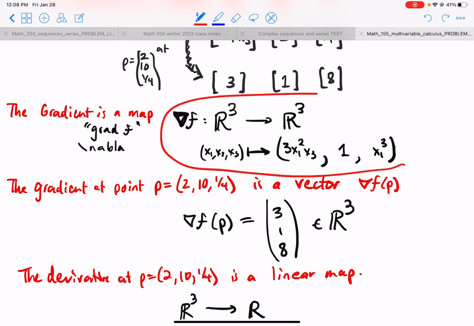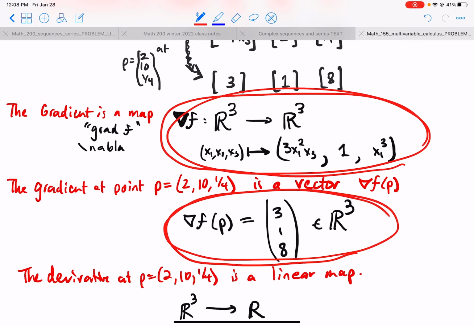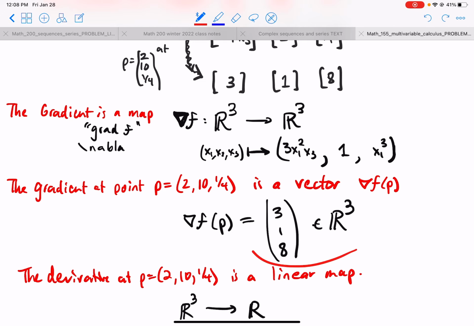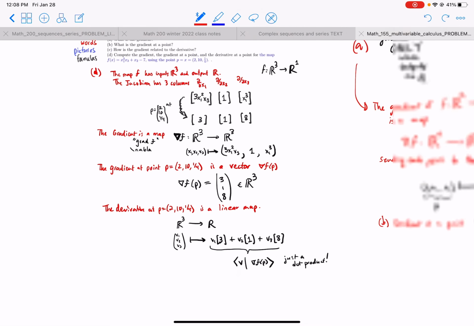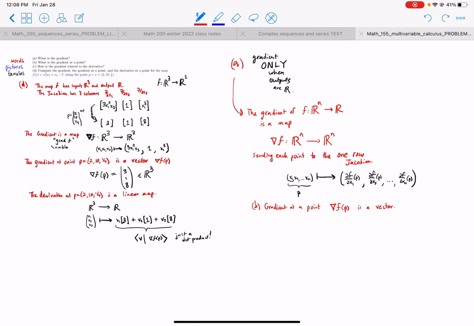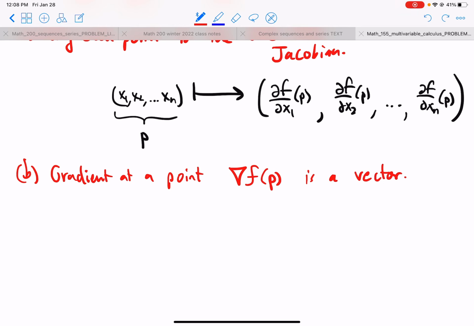Here was the gradient, this map. Then the gradient at a point, we just plugged in to these partial derivative Jacobian columns, and we got 3, 1, and 8. So it is a vector. The gradient at a point is a vector. Plug in P to the gradient map. The point here is it's a vector.